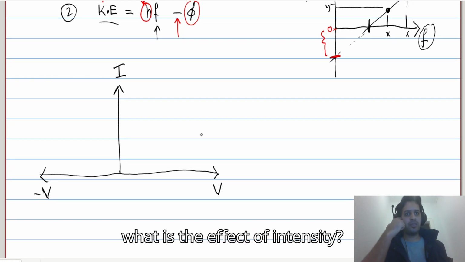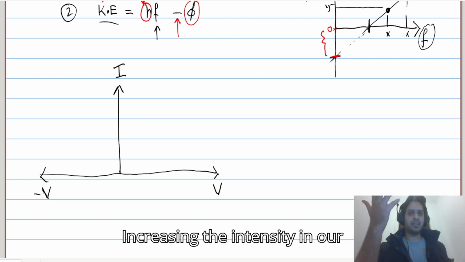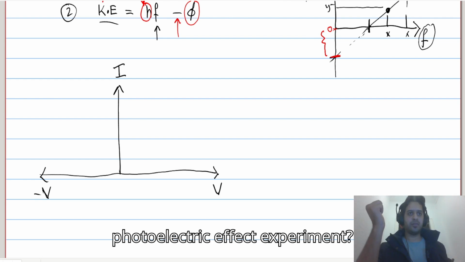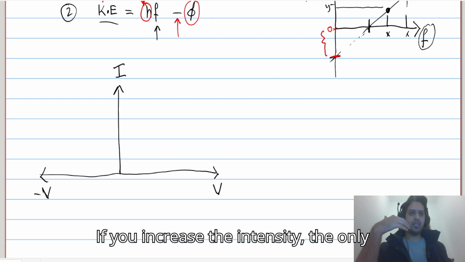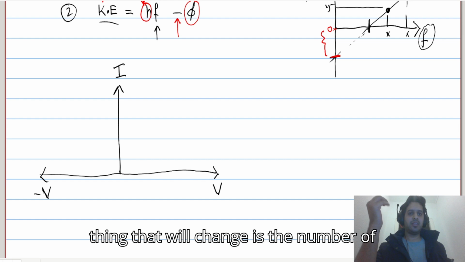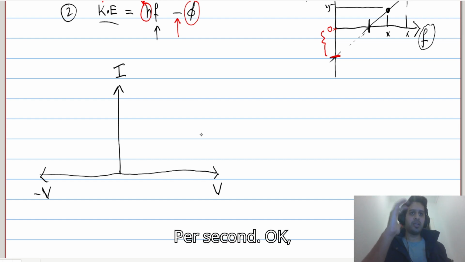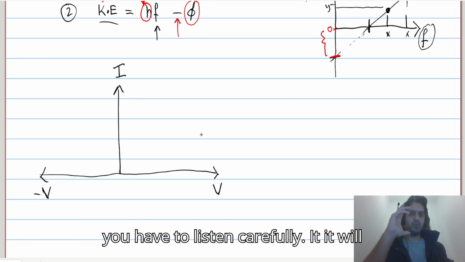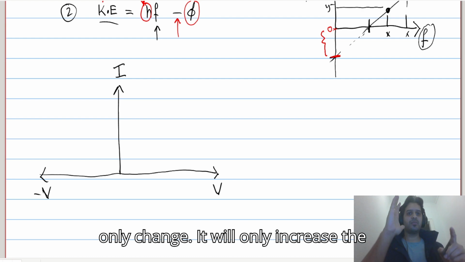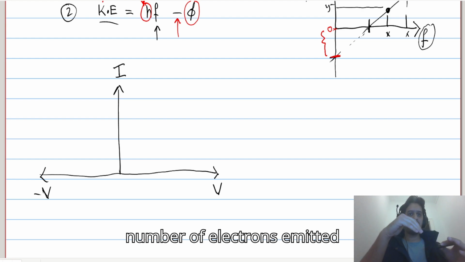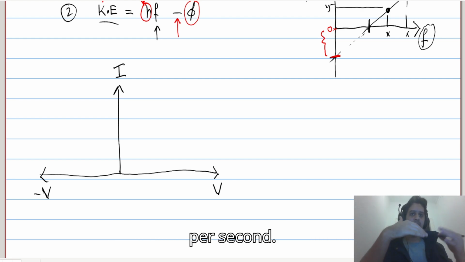And what is the effect of increasing the intensity in our photoelectric effect experiment? If you increase the intensity, the only thing that will change is the number of electrons that are emitted per second. Okay, you have to listen carefully. It will only increase the number of electrons emitted per second.